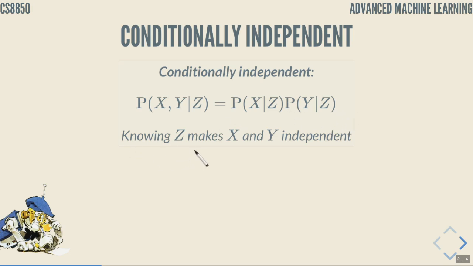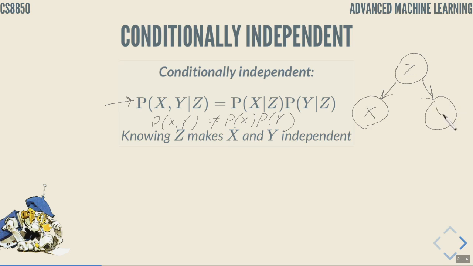If it does, then knowing z makes x and y independent. That means, again, this will not hold unconditionally, but conditionally they are independent.